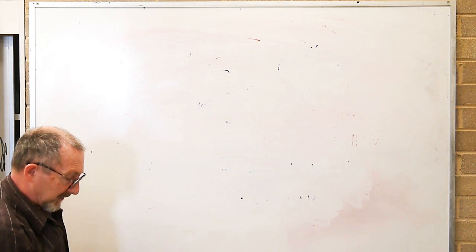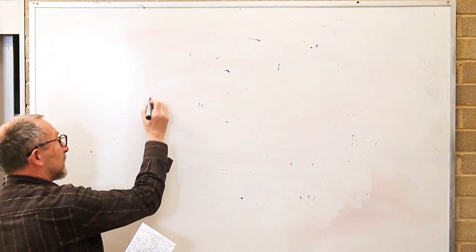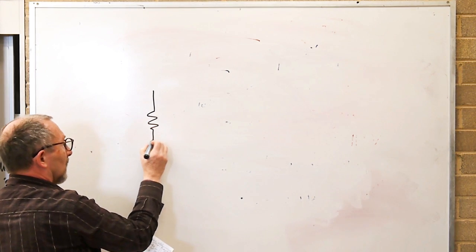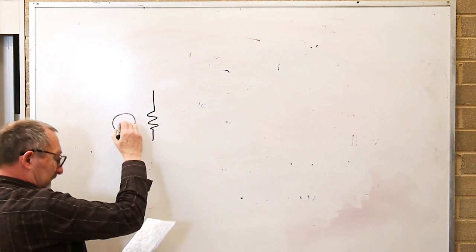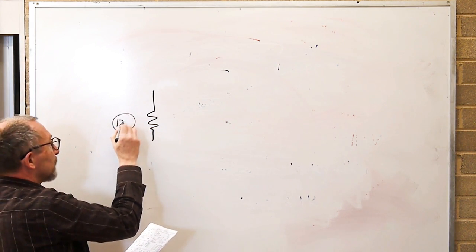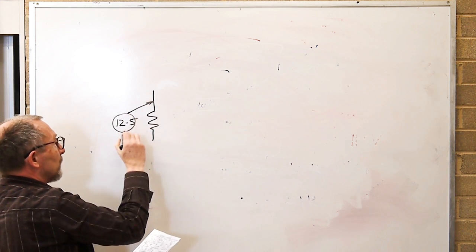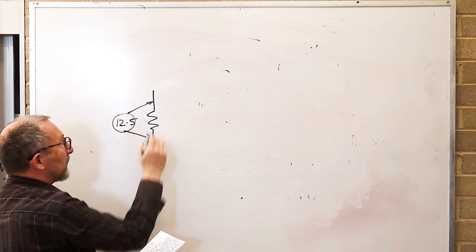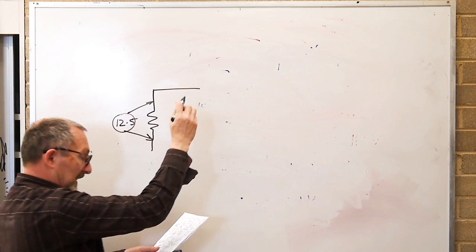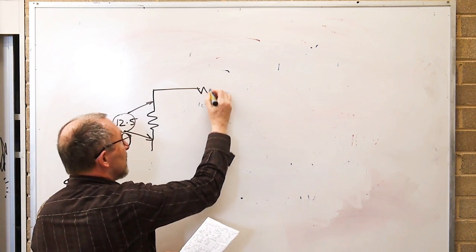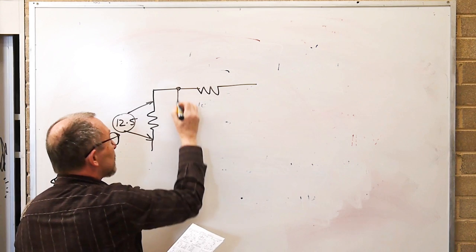The next question, it's got a voltage that you're given of 12.5 volts across a resistor. I'm not worried about what the resistance is because that resistor is just at the front of a network that we need to solve.